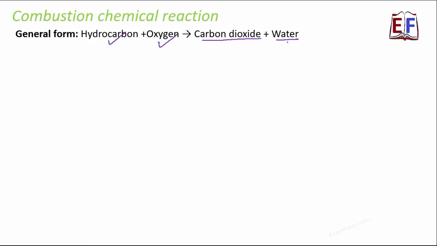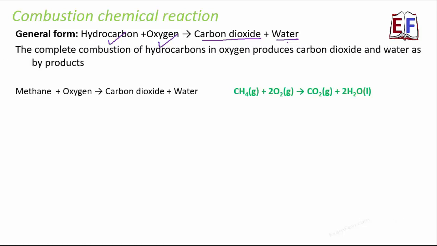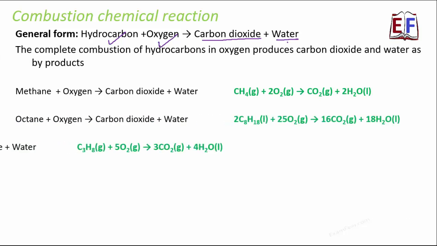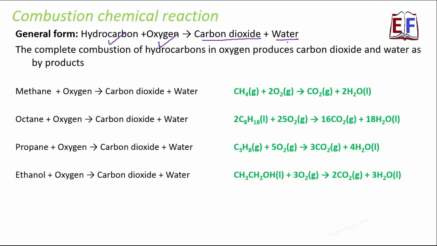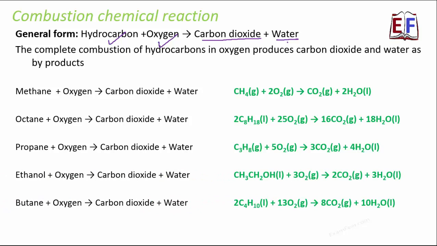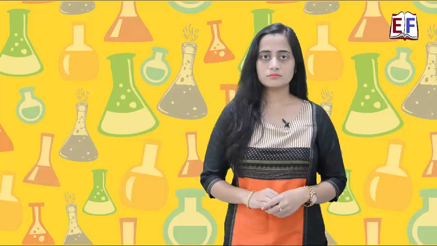So these are combustion reactions. Let us look at some examples. Methane plus oxygen, or octane plus oxygen, or propane plus oxygen, ethanol plus oxygen, butane plus oxygen. All of these are hydrocarbons, and when they are oxidized, that is when they combine with oxygen, they produce carbon dioxide and water, and this is called combustion.